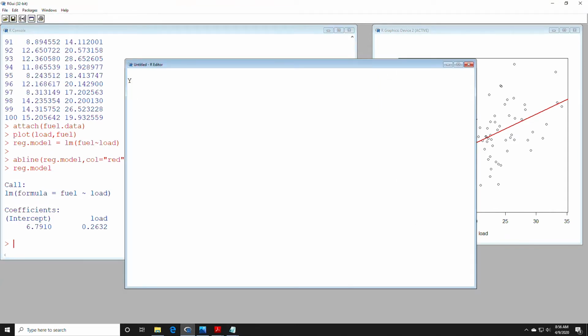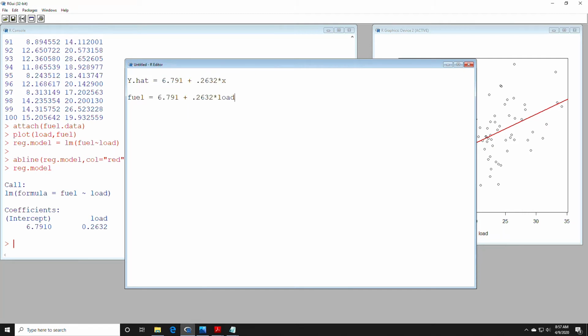So what we have, I'll just put it like this, y hat, our fitted value of y, our predicted value of y, is equal to the intercept, 6.791, plus the slope, because it's positive, plus 0.2632 times x. I'll put it like that first. Okay, that is our fitted regression equation. One thing that you can do, you can put it in terms of the actual variables, right? So fuel consumption is y. So fuel is equal to, again, this.